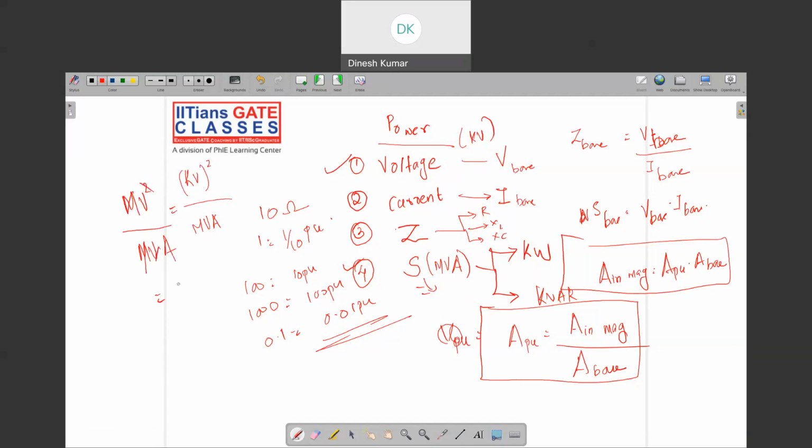That means V by A, where this is V base and this is ampere base, the current base, I base. So this V base by I base is Z base. And what is MVA by kV? That will be in kiloampere, or I base in kiloampere.